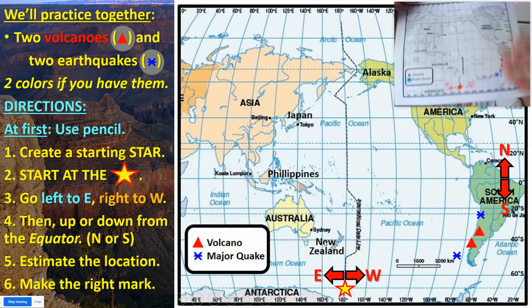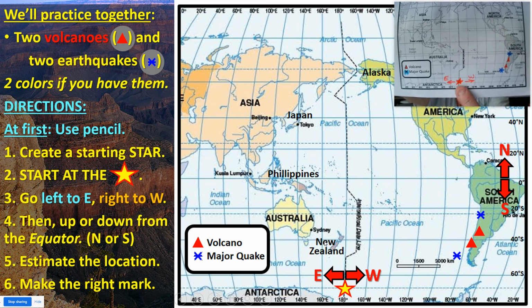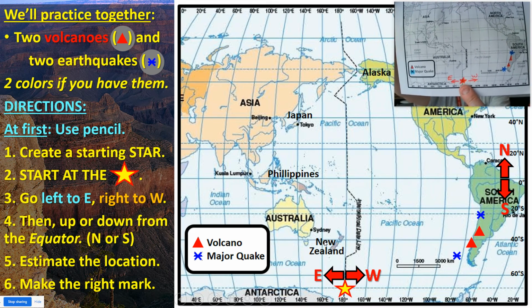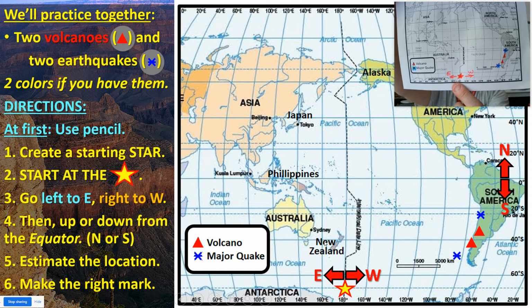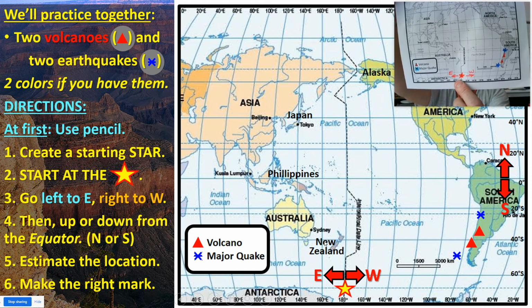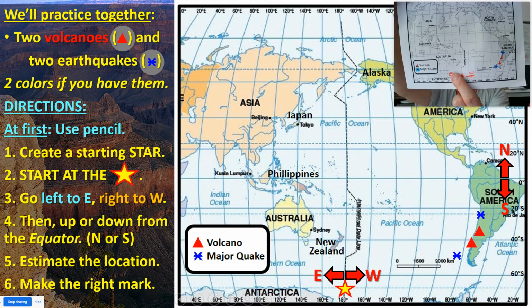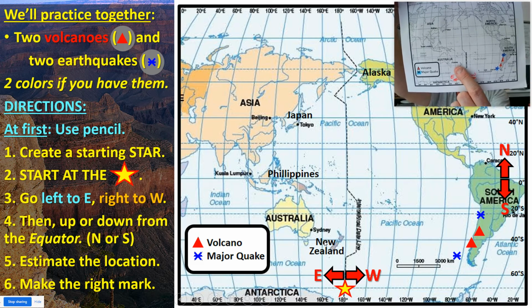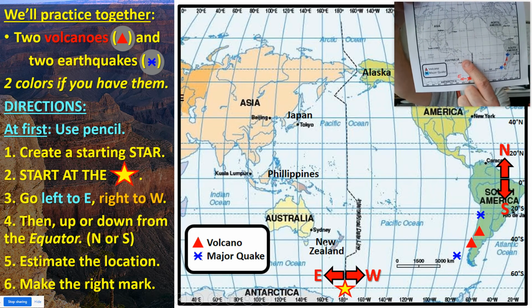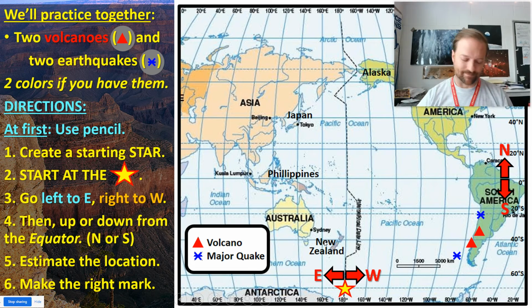That's handy. So to recap, from my starting point, I'm going east, right? Only a little bit, because 170 is just barely between 160 and 180. And I'm going to go straight up on my map to where New Zealand happens to be. Right.